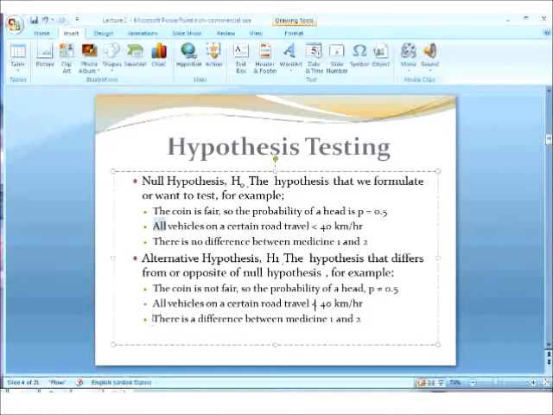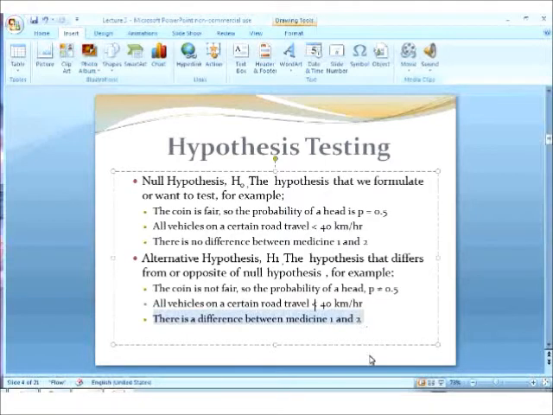And then to the third one, the alternative hypothesis is that there is a difference, or the medicine 1 is not as effective as medicine 2, or medicine 2 is not as effective as medicine 1, whatever it is, but medicine 1 is not equal to medicine 2 in relieving the pain, and vice versa.